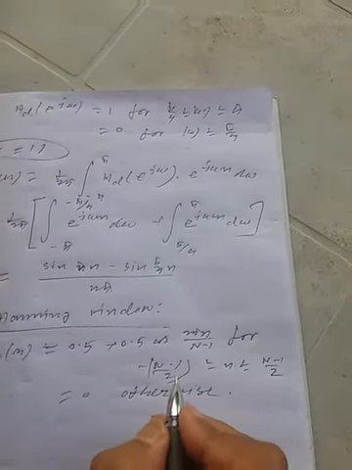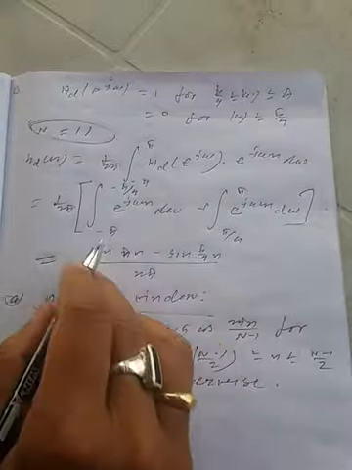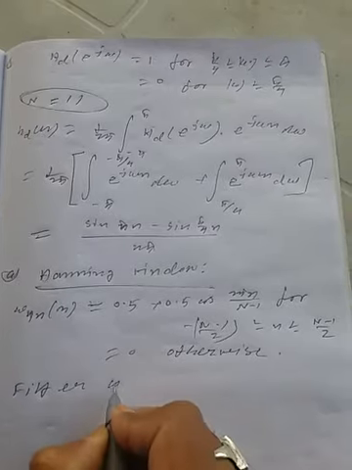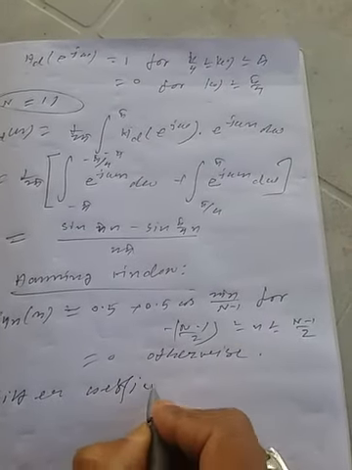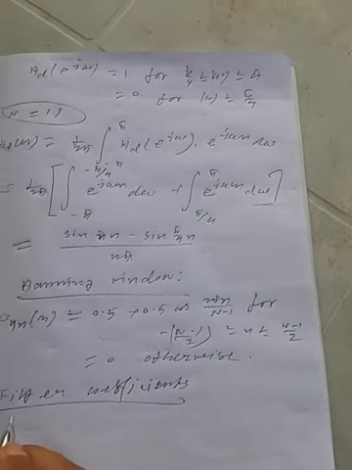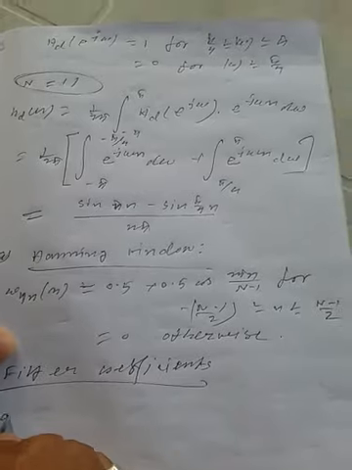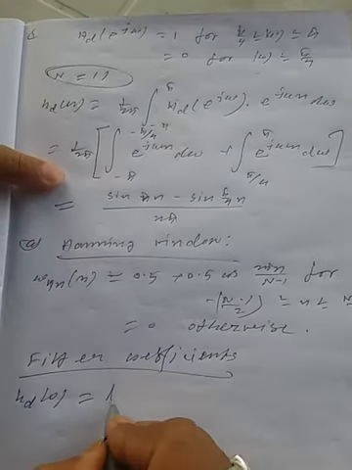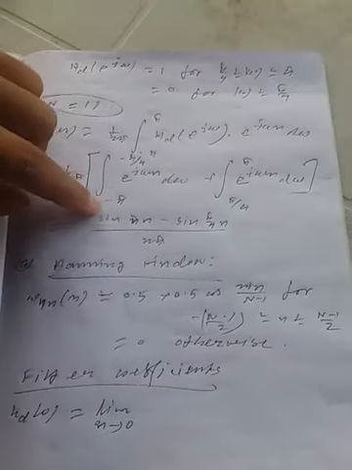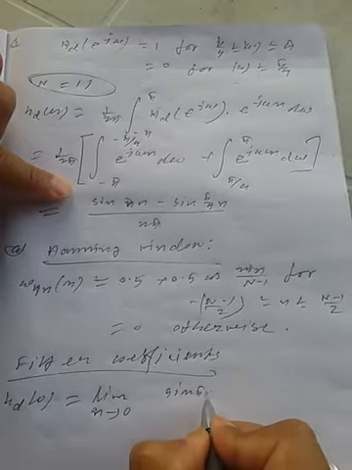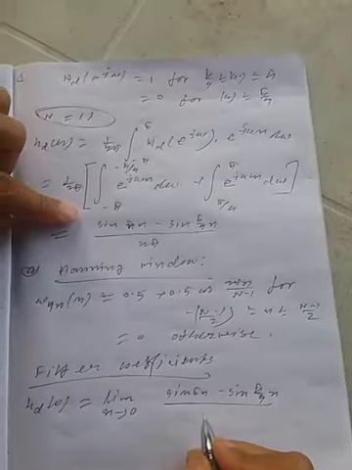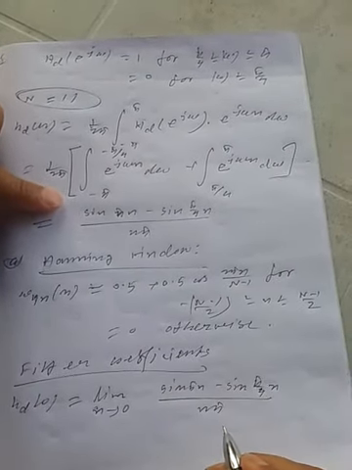Now we have to find the filter coefficients. The filter coefficients are HD(0) equal to limit n tends to 0 of (sin πn − sin (π/4)n) by nπ.